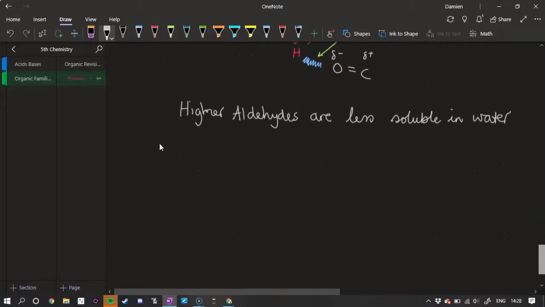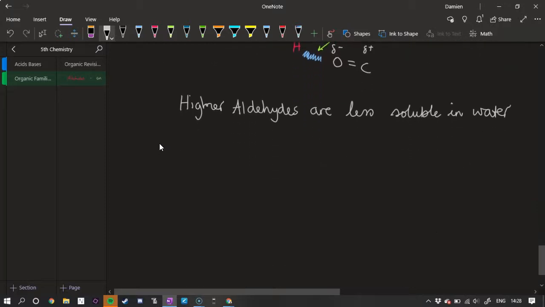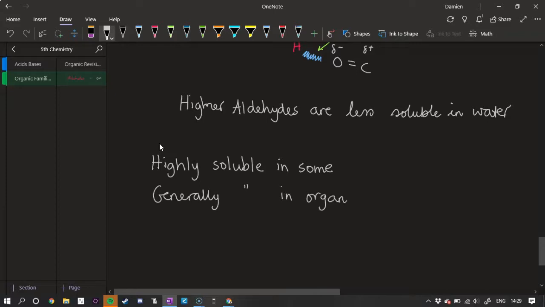And then the last solubility, so that's for water. The last solubility then that you have to know is organic solvents. So they are highly soluble in some, but generally soluble in organic solvents.